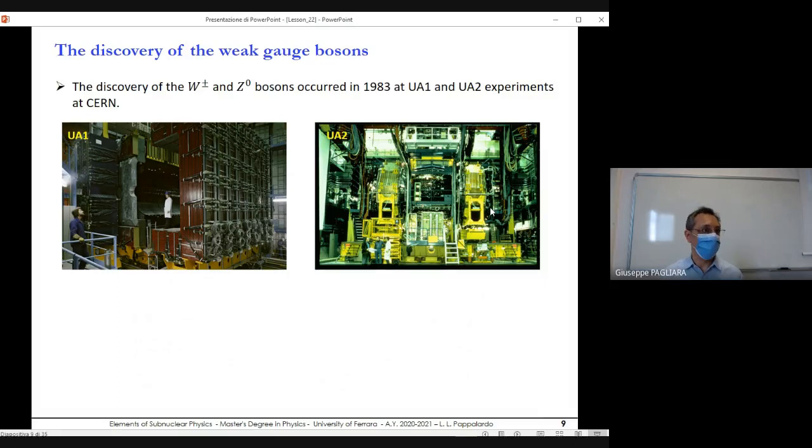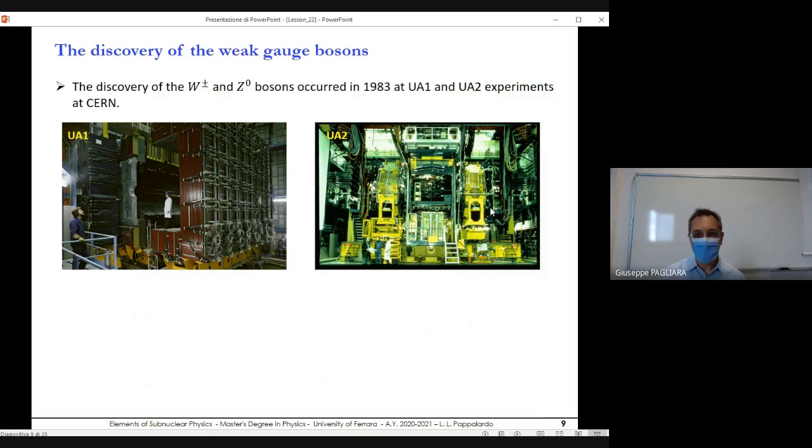They both observed the Z and the W's, but the spokesperson of the UA1 experiment, Carlo Rubbia, was probably more motivated. He had only a few events in hand, but this was sufficient for him to announce the discovery. And so they were faster. At the end, UA1 officially got the discovery first, which was later confirmed by UA2, and Rubbia got the Nobel Prize for this.